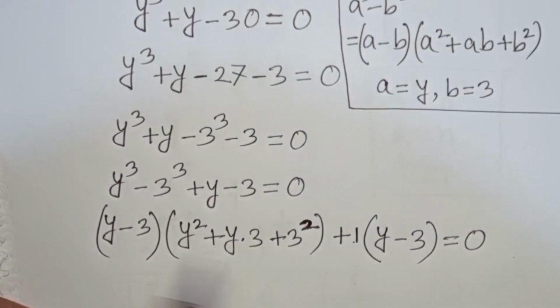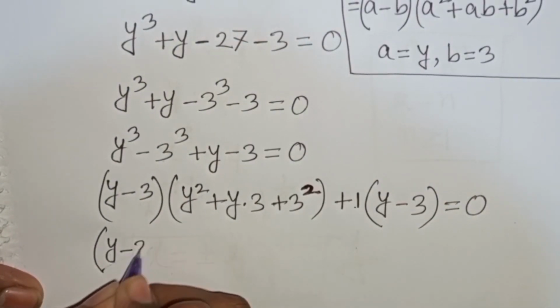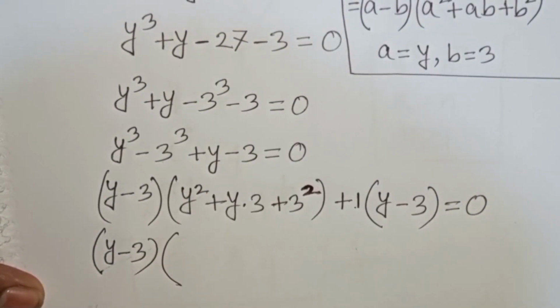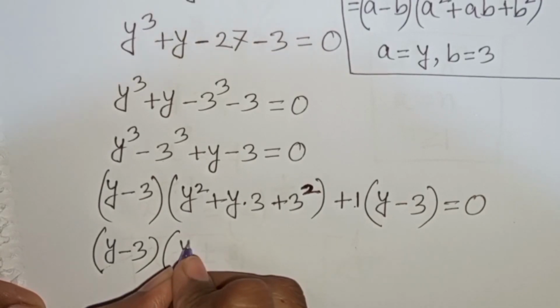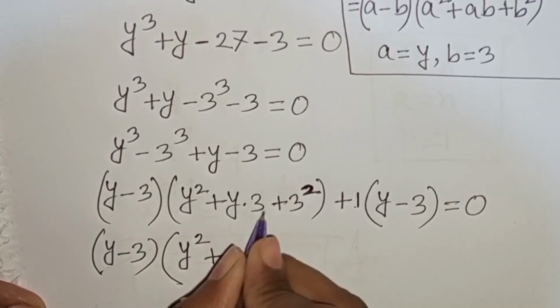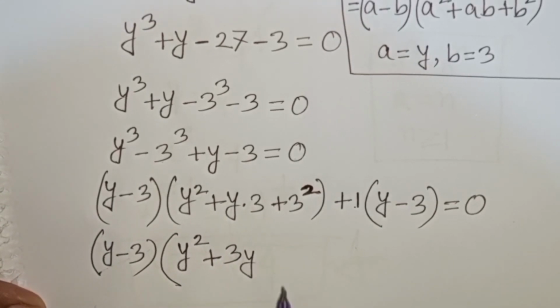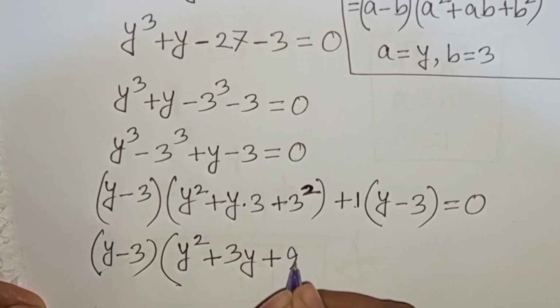Now we see y minus 3 is common, so take common y minus 3, so bracket y minus 3 is out of this bracket. This divided by this, that means y minus 3 will be cancelled, so we have y square plus y times 3, that means 3y, plus 3 square, which is the same as 9.